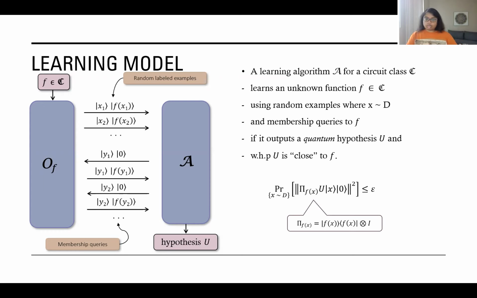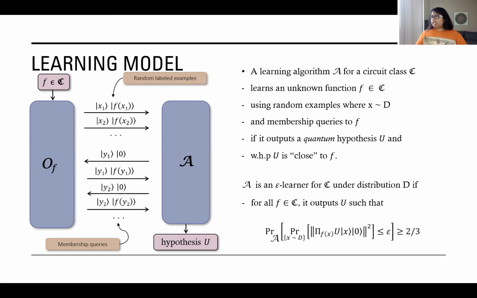So that should be at least 1 minus epsilon. Essentially you want to say that my hypothesis agrees with f(x) very well, right? So you say that it's an epsilon learner for this distribution if for every concept or every function in the circuit class, it outputs a unitary that has high agreement with the function with high probability.